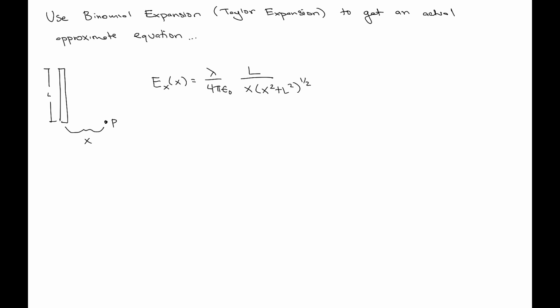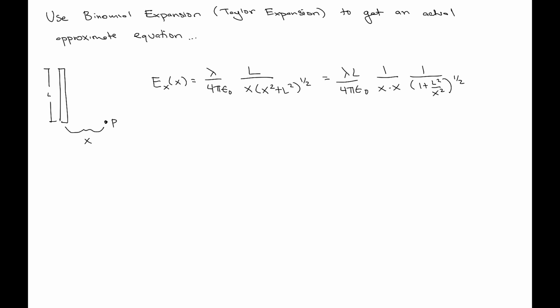I'm going to write that in a slightly different way. I'm going to take all this stuff and put it in the front, and pull a factor of X out of what I have in the parentheses here. I'll tell you why we're doing that in a second.